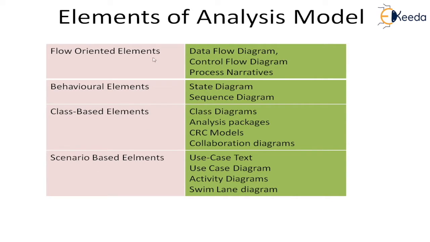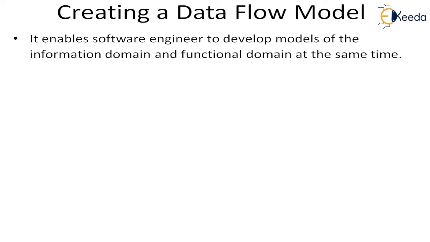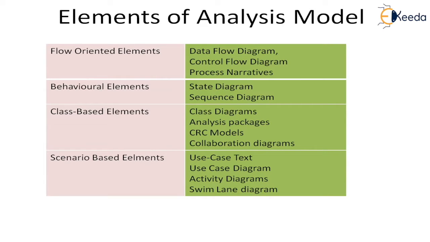Under each one you have this set of diagrams. These are the actual models that we will be building under these categories of analysis elements. So we will now go to the flow oriented elements, and we will look into some of these models or diagrams.